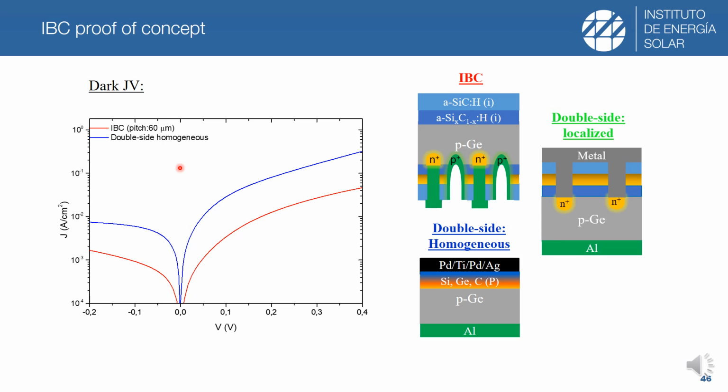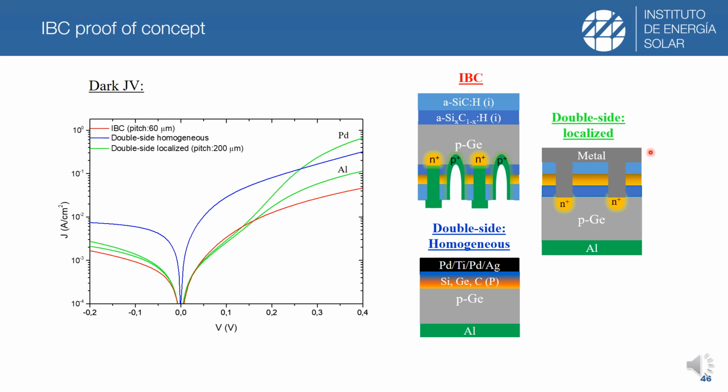If we compare now with the diodes fabricated with punctual local emitter formation with the two different metals, palladium, titanium, palladium, silver, or aluminum, you can see here that more or less similar leakage current and recombination are observed in forward bias and reverse.